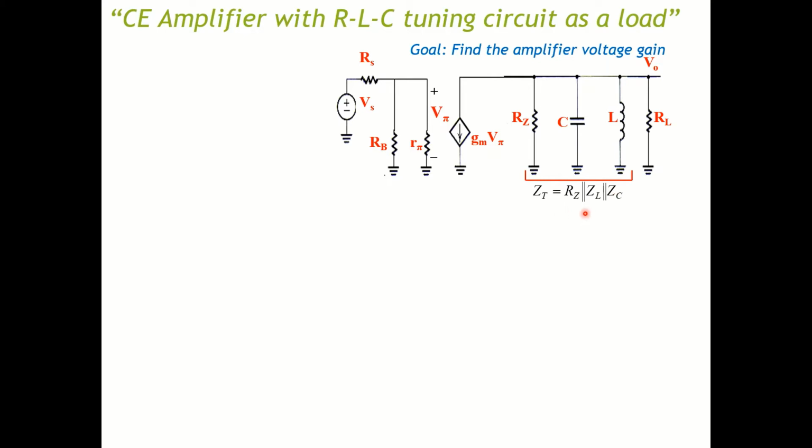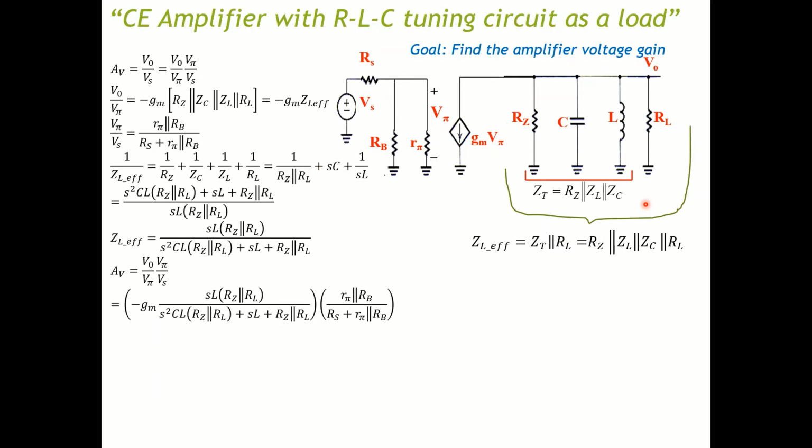And these are just the impedance of the capacitance and the inductance. And the actual impedance of our load, or I would call the impedance of the effective load, would be ZT parallel with RL. So as I promised, I don't want to get too deep into the math.